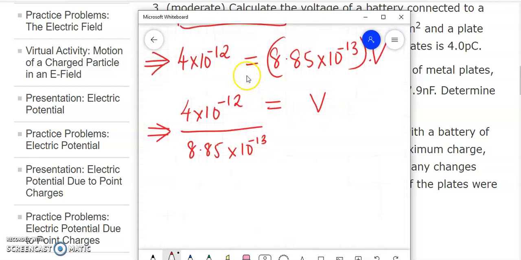So make that as a good habit of solving problems. So V is equal to, now once you solve this, you should get your answer as 4.5 volts. So this is your final answer.